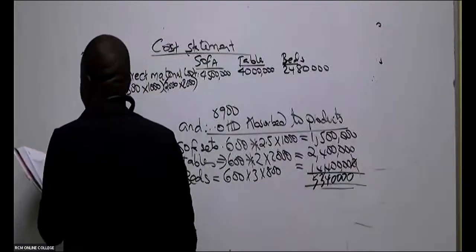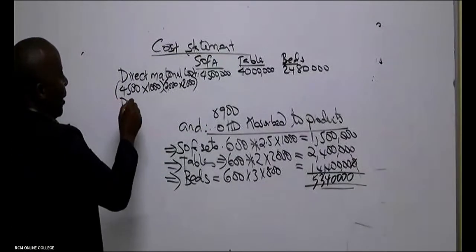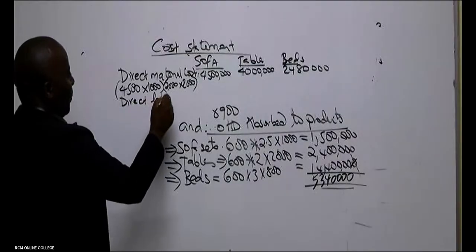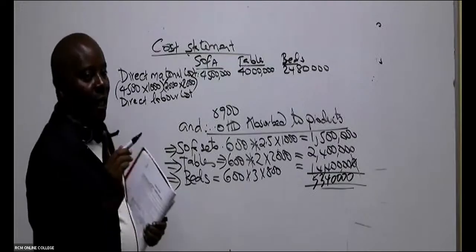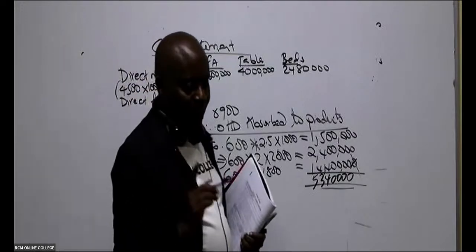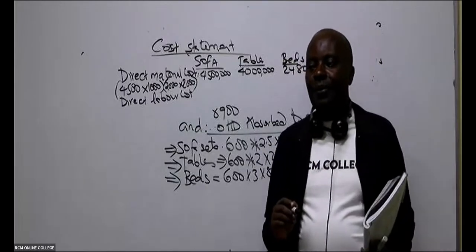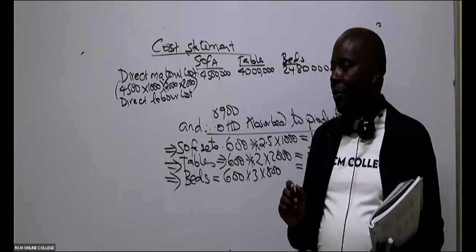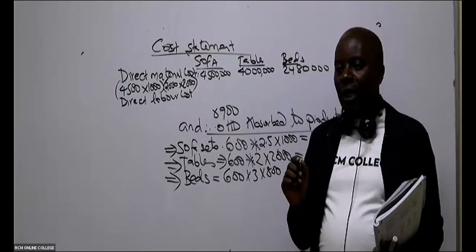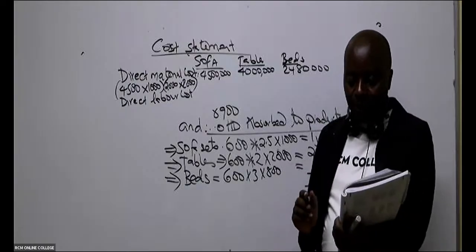From there, we go to direct labor cost. Is there somebody who can use this abracadabra to give me the direct labor cost for sofa set? I know direct labor cost is a function of labor hours and the labor rate.